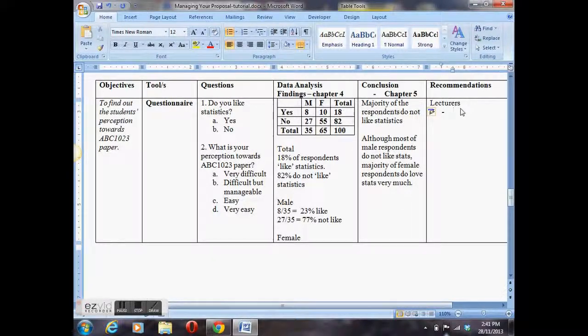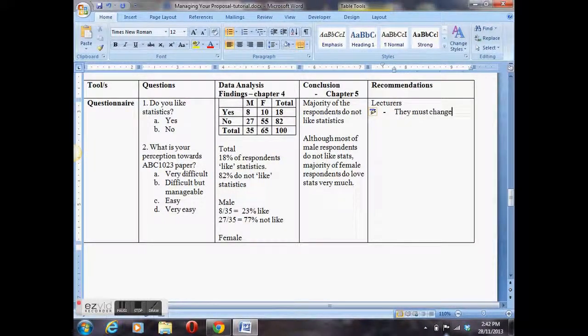It is not good, right? Majority of students do not like the paper. So how do you change this so that most of them will like it, in terms of lecturers? The lecturers must change the way they teach the course.